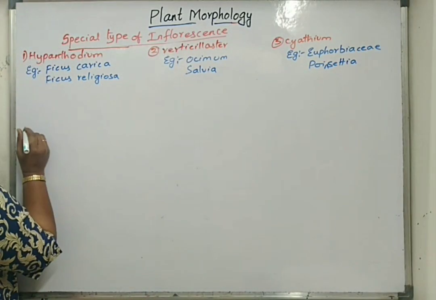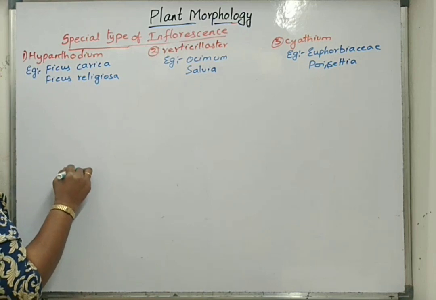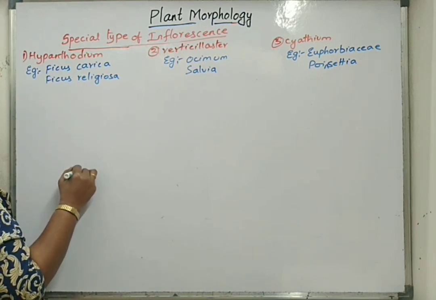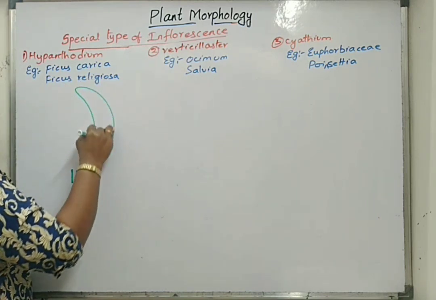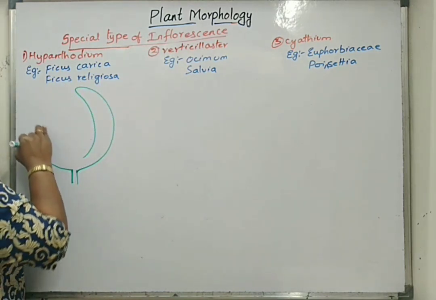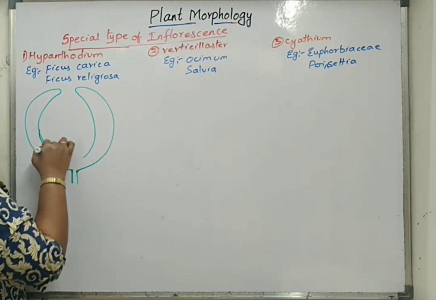Now, in case of Hypanthodium inflorescence, the stalk will be like this to hold the inflorescence. Now, the peduncle is modified into a cup-like structure like this.